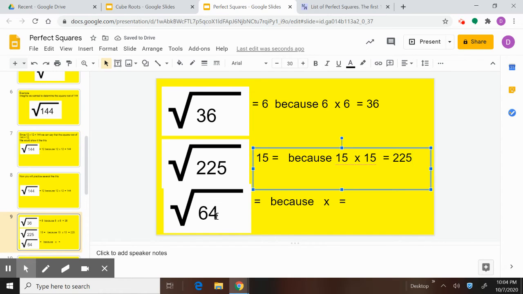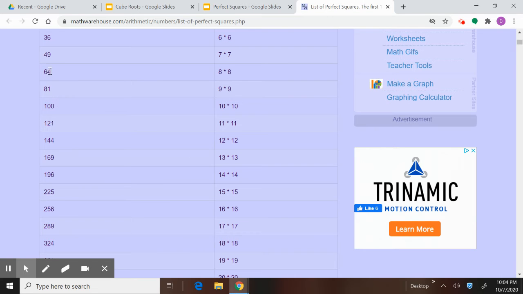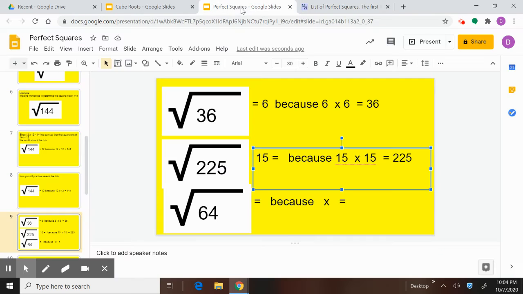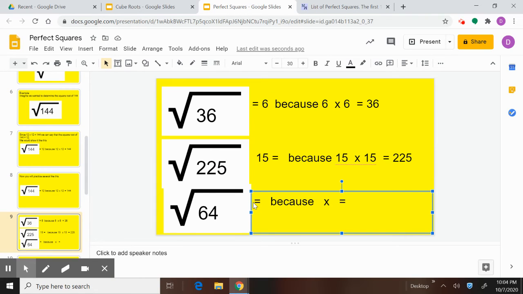Square root of 64. Maybe you already know that 64 is made by multiplying 8 times 8. So the square root of 64 is 8 because 8 times 8 equals 64. I would go here to my document and type in square root of 64 equals 8 because 8 times 8 equals 64.